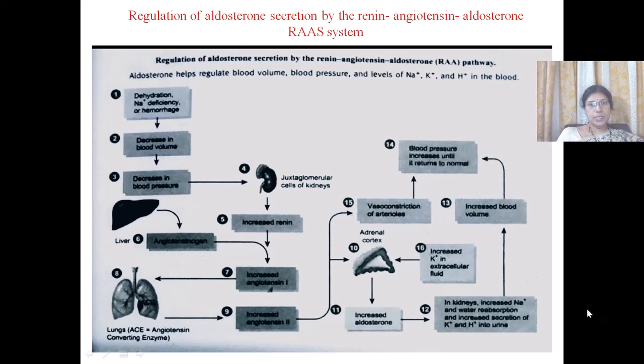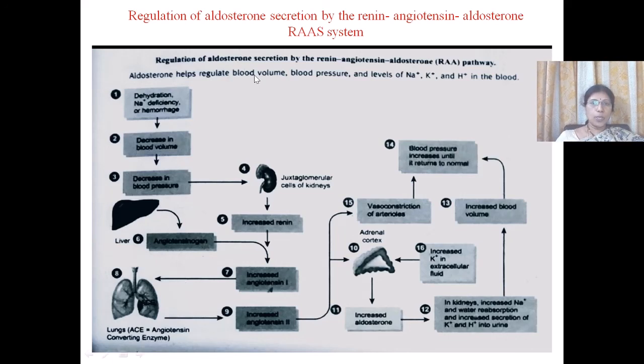In association with antidiuretic hormone, RAS helps in maintaining the sodium ion levels in the blood. Antidiuretic hormone reduces sodium ion levels in the blood by causing water reabsorption, while RAS stimulates sodium ion reabsorption and thereby increases sodium ion levels in the blood.